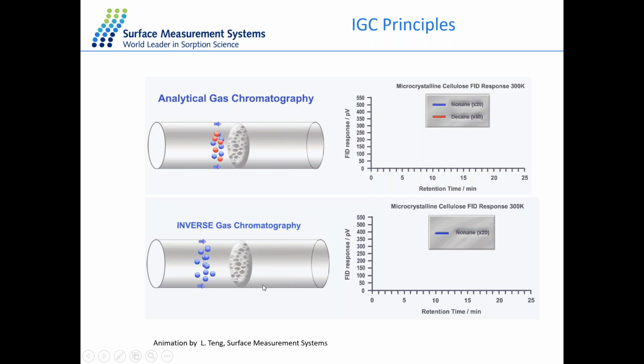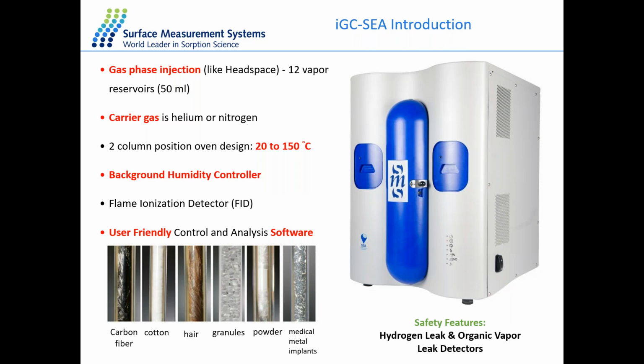In inverse gas chromatography, it's quite different. We pack the column with your own material and inject known probes whose properties we know. Based on the interaction of these probes with your material, we obtain a peak based on retention time, and from this we can analyze the peak and obtain different properties of the sample.